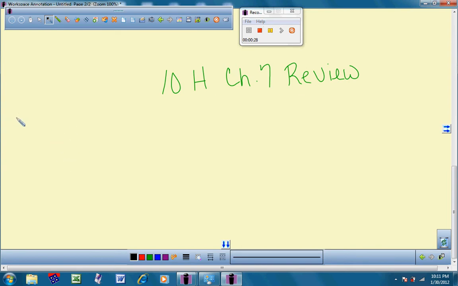Alright, let's take our first example. Let's go with the cube root of negative 125. Remember, when your index is odd, then we are permitted to have a negative radicand.